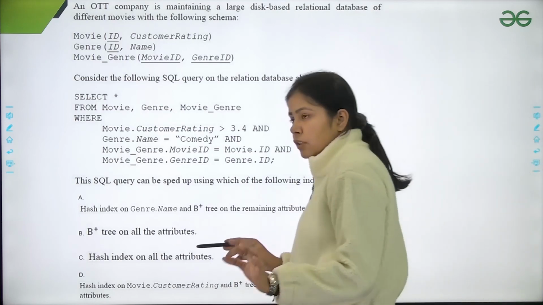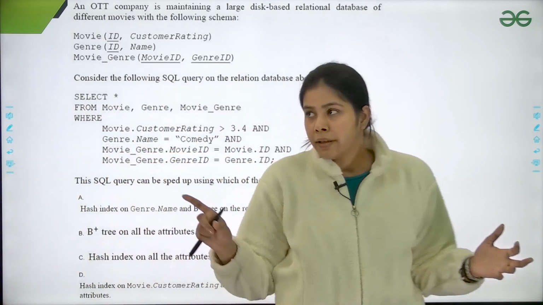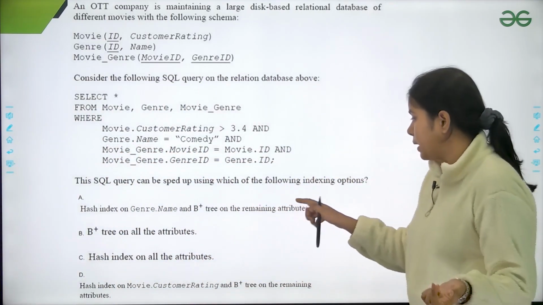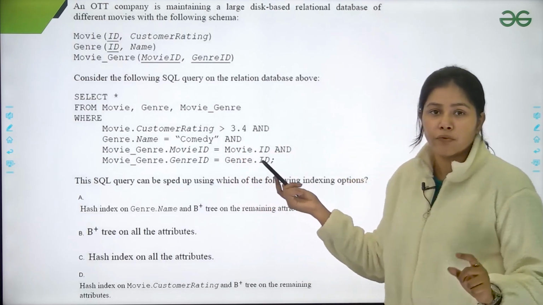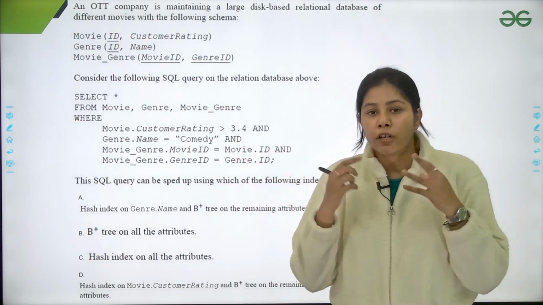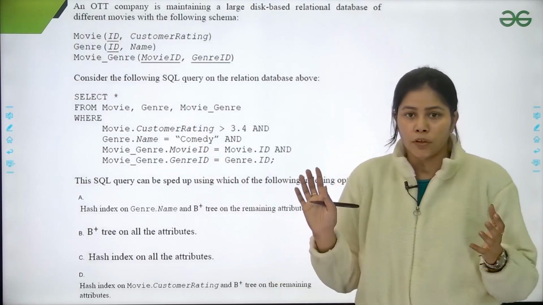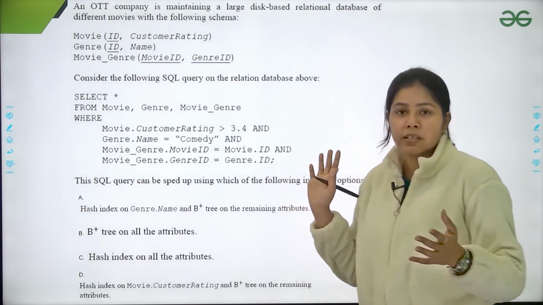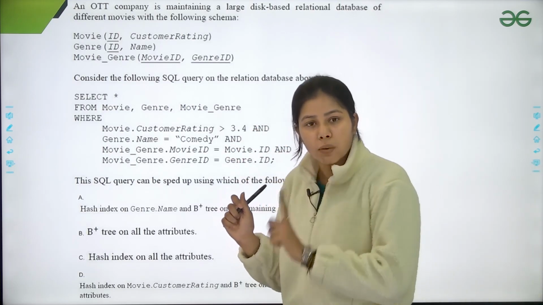Now one thing to notice here is that we use B+ trees when we have sequential data. When we have greater than 3.4, we want all the values of customer rating greater than 3.4, so I can use B+ trees because I want sequential data.